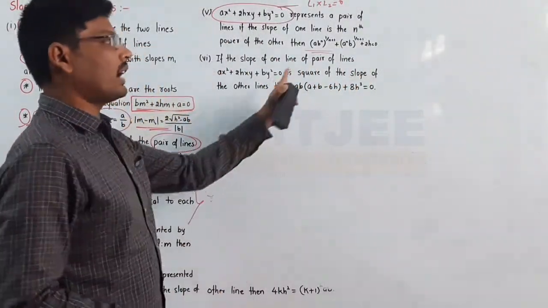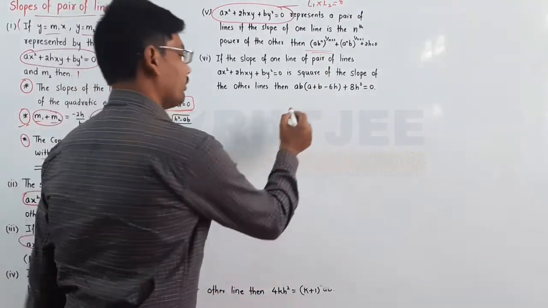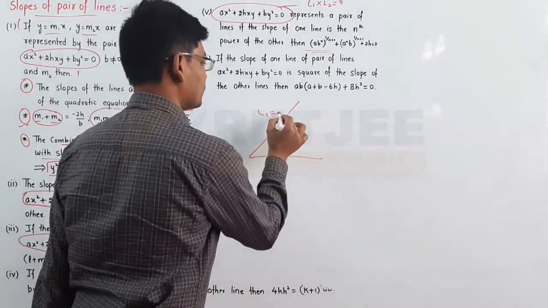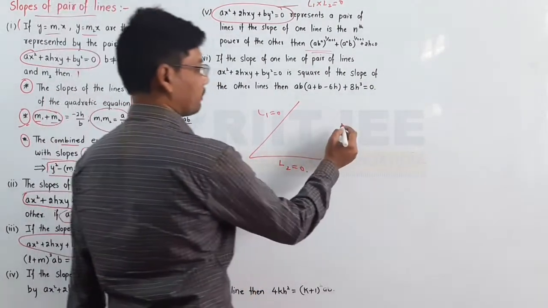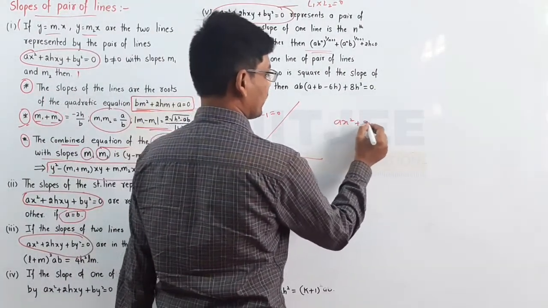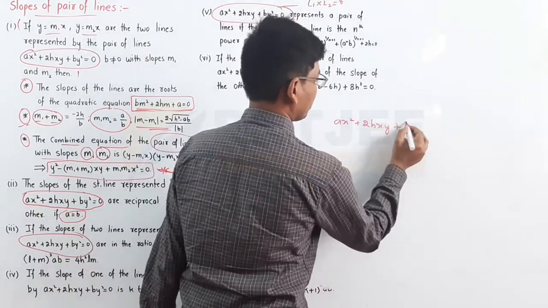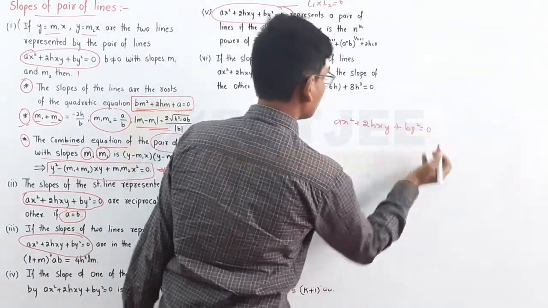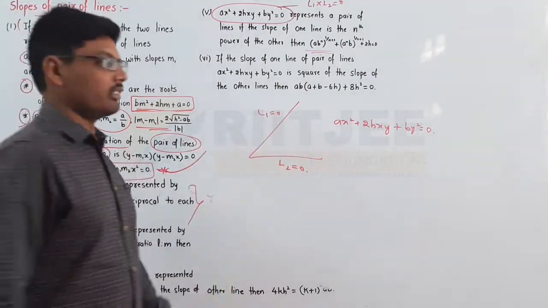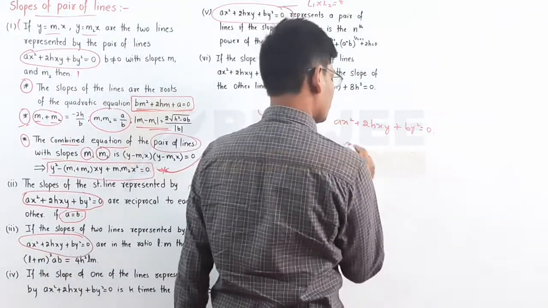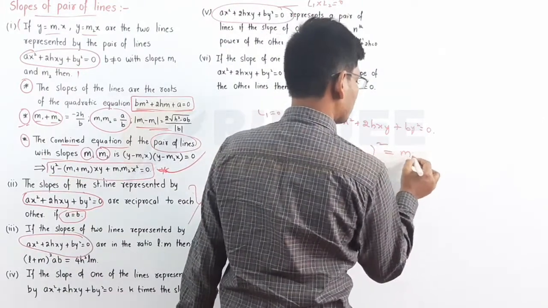If the slope of one line of the pair of lines, L1 is equal to 0 and L2 is equal to 0, with pair of straight lines equation ax square plus 2hxy plus by square is equal to 0, is the square of the slope of the other line, that is m1 square is equal to m2.